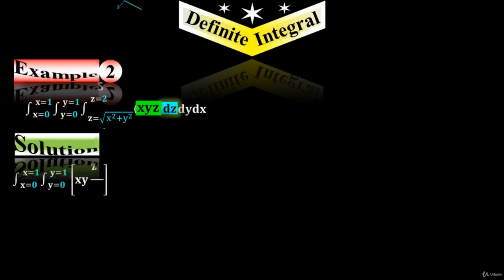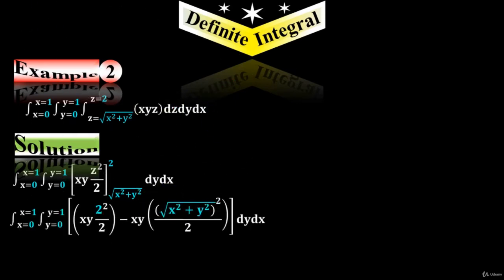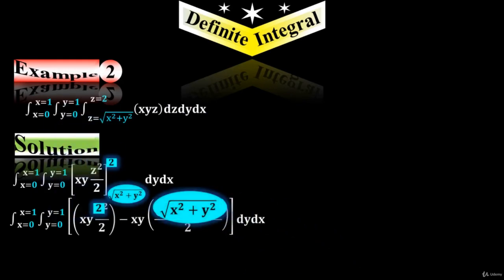Solution. Integrate the given function with respect to z first. After integration, we have x times y times z squared over 2. Substitute the value of limits in z variable. The upper limit is 2 and the lower limit is x squared plus y squared under the root.